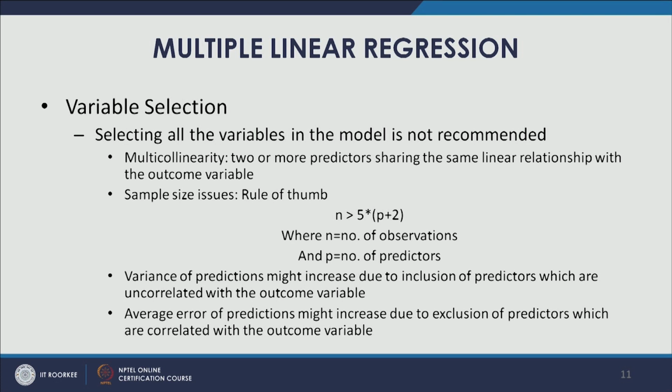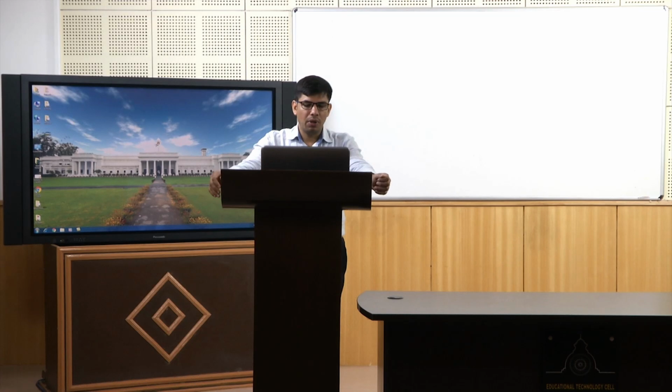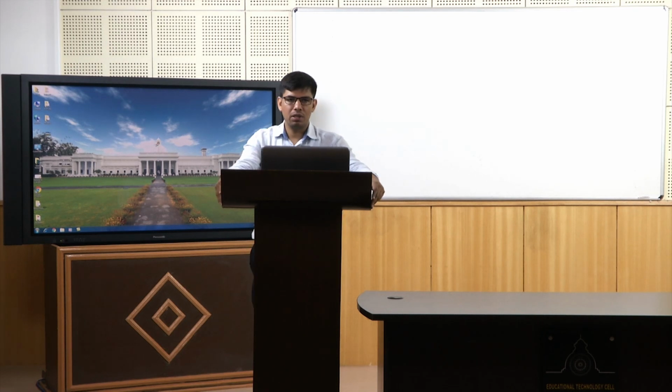The main logic is that if we have more predictors, our requirement for the number of observations will also go up. If we have 100 variables in our model and want to include all of them, that would increase p, and therefore our requirement for the number of observations would also go up. So sample size issues could also be encountered if we have more predictors in our model.